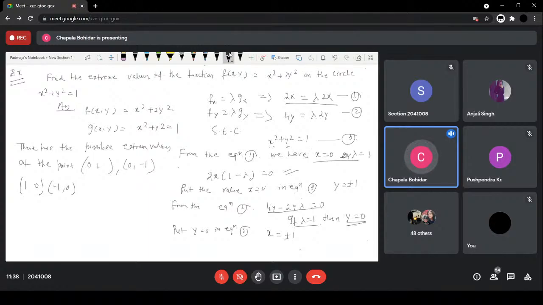So therefore, we now evaluate f at these 4 points. f of 0, 1 is equal to how much?